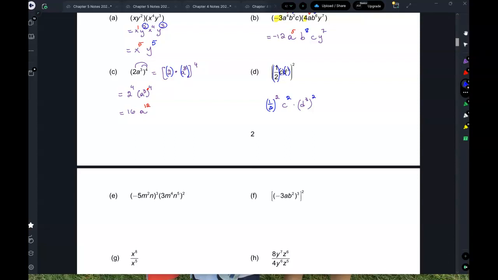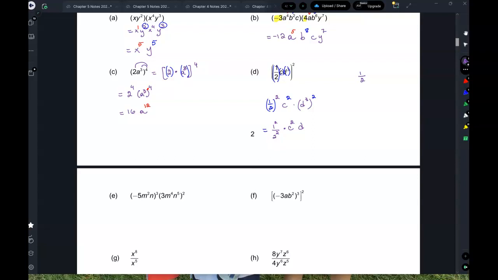So what happens to the 1/2 squared? The 2 goes to the 1 and the 2 goes to the 2. So like this, 1 squared over 2 squared. I'm going to simplify in the next step. So c squared times d to the what?